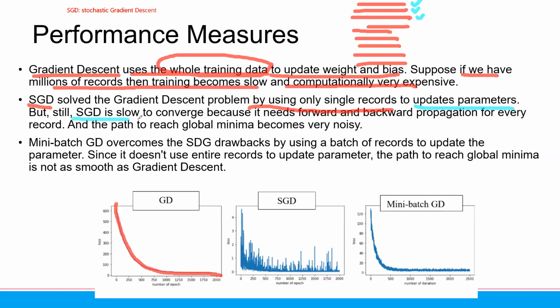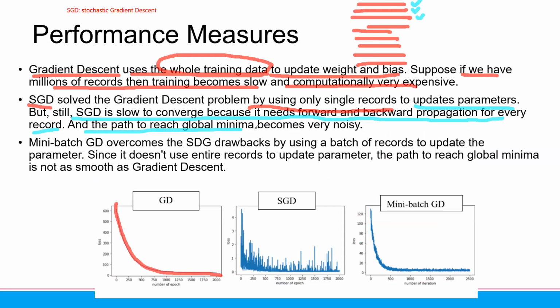But still, SGD is slow to converge because it needs forward and backward propagation for every record. So once we finish with record 1, we do the back propagation, and then we do the forward pass with record number 2, back propagate and update, and then do record number 3 and so on.